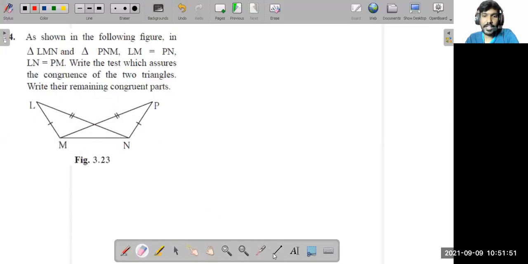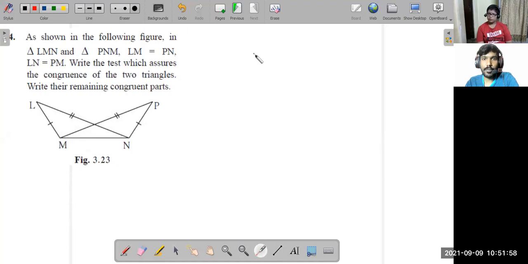You have to even write the remaining congruent parts. In the remaining congruent parts, firstly, all sides are congruent that you have shown. When two triangles are congruent, all angles are also congruent to each other. So whenever they say remaining congruent parts, you have to write the remaining sides and the remaining angles also. In this case, you have already shown the sides.